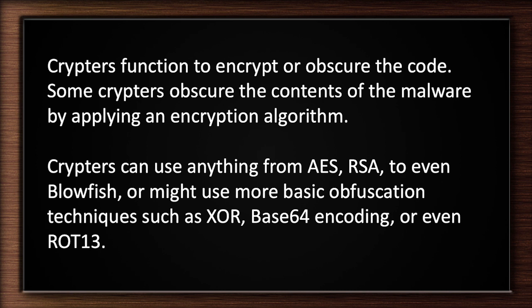Some cryptors obscure the contents of the Trojan, malware, or ransomware by applying an encryption algorithm, and they can use anything from AES, RSA, Blowfish, and many other techniques out there. Later in the course, especially in lesson 2, you will learn about cryptography and the different types of encryption protocols and hashing algorithms.